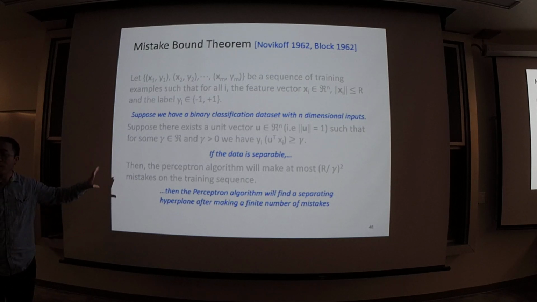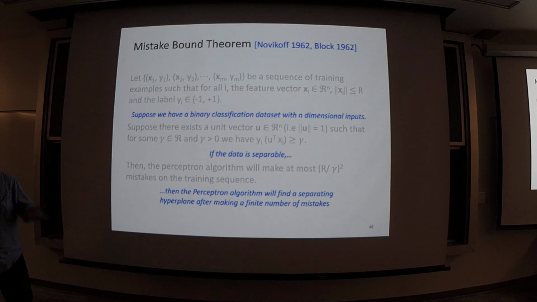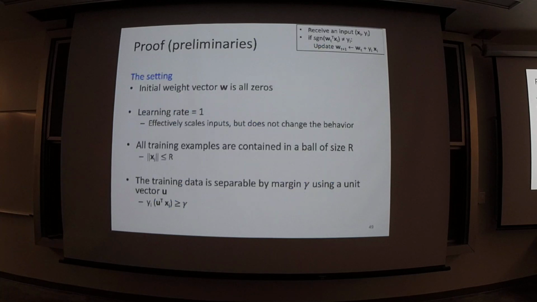I believe this is the most important conclusion, right? Although it is bounded by some value, it says that anyway, you're going to find a good separating hyperplane, as long as your data set is linearly separable.